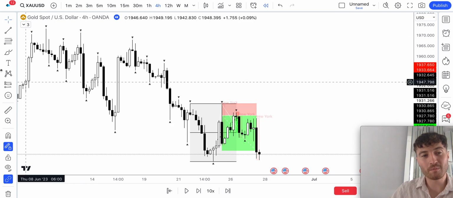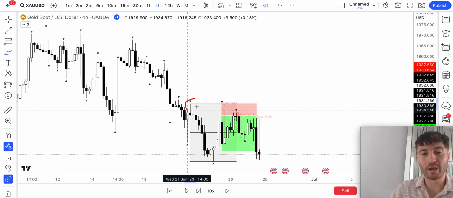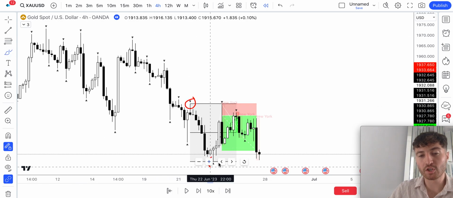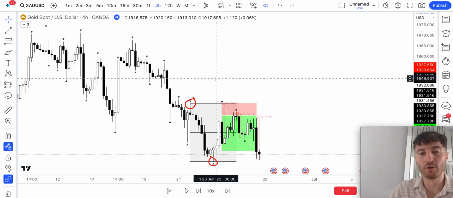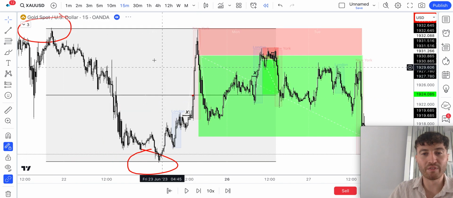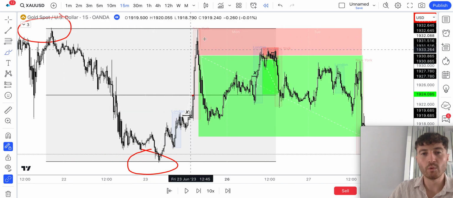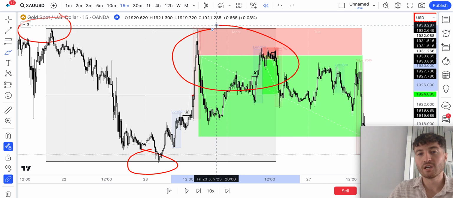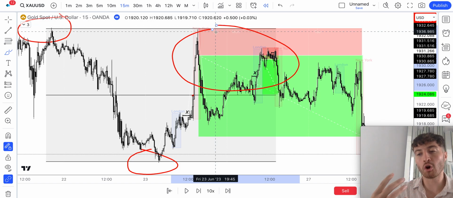Okay, so 4-hour, we have a regime. We identify market structure on the 4-hour time frame. It's bearish. Okay, we then drop to the 15-minute time frame. Within the discounted area, we can look for our entry schematic. So in short, we're looking for a run on liquidity based on the most recent fractal, within a kill zone, so within a London session or New York session.